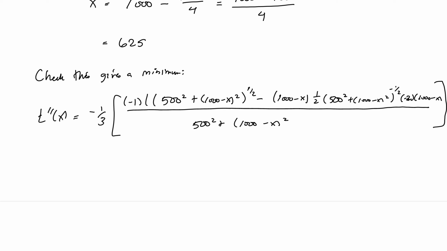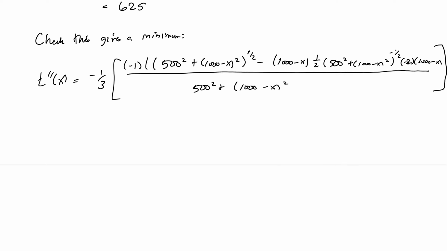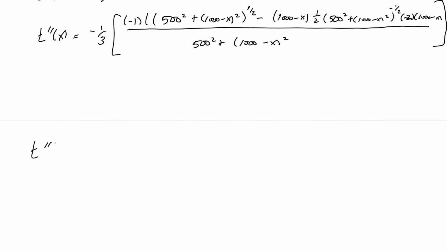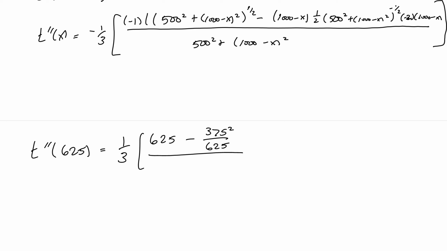So that's just using the quotient rule there. And now if we plug our critical number of 625 in and do a bunch of simplification, this becomes 1/3 times 625 minus 375 squared over 625 all over 500 squared plus 375 squared, and this is bigger than 0.